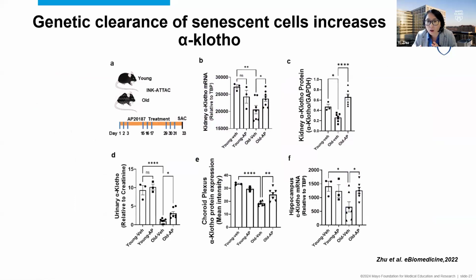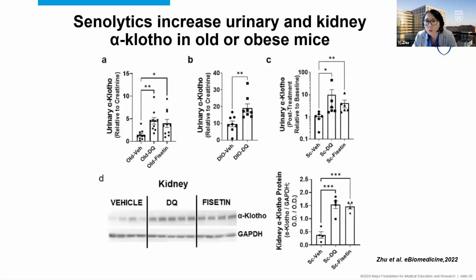Indeed, in the first proof-of-concept study, we used these INK-ATTAC mice, which we can treat with AP20187 to induce apoptosis specifically in p16-high cells. With the treatment, in the kidney, in urine, and in the choroid plexus and hippocampus, we all see alpha-klotho partially restored by AP20187. And not only in the transgenic mouse model, but also with senolytics we saw the same thing.